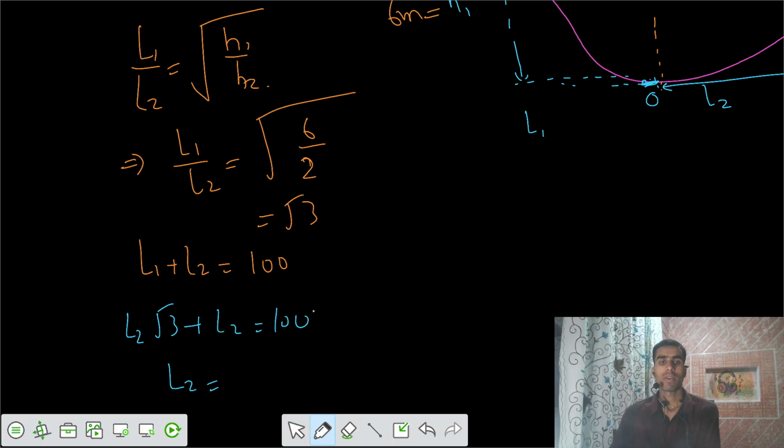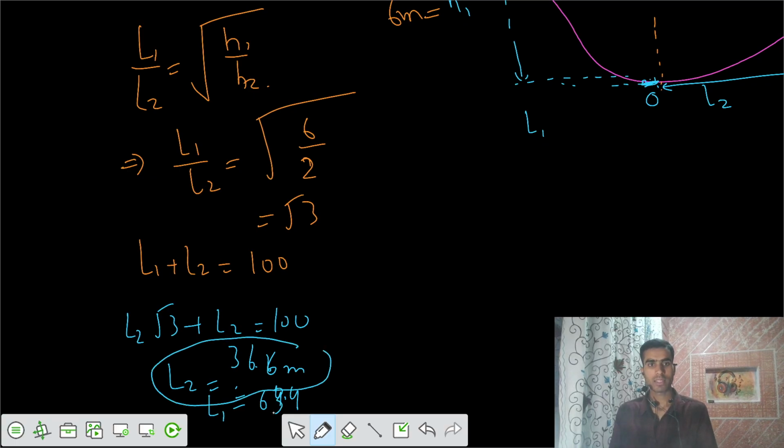Now I can get L2 equals 100 by 1 plus root 3, and that is 36.6. Similarly, I can get the value of L1 also, that is 63.4. Let's take one of the values, that's 36.6.